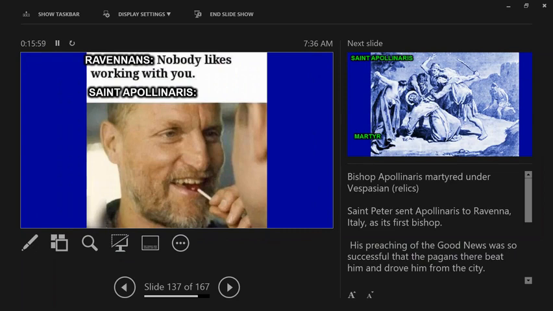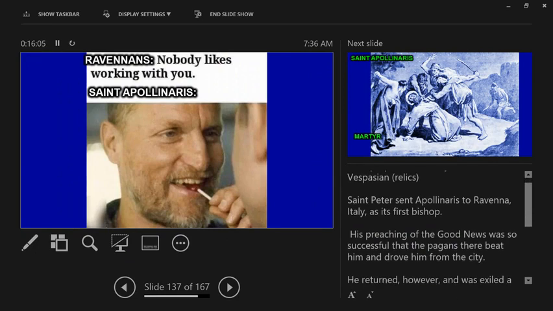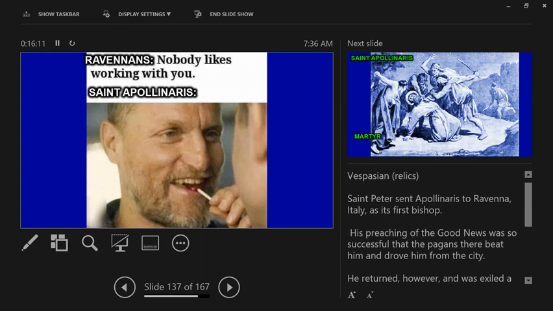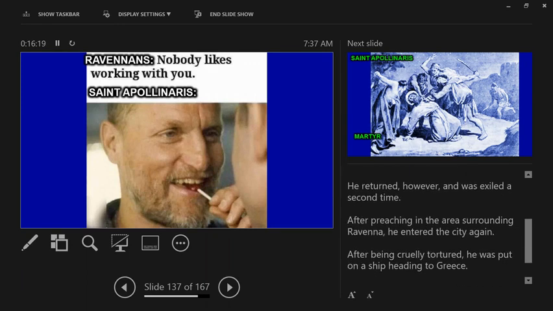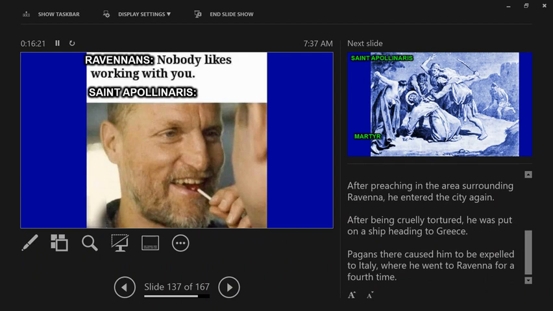So Bishop Apollinaris was martyred under Vespasian. St. Peter sent Apollinaris to Ravenna, Italy, as its first bishop. His preaching of the good news was so successful that the pagans there beat him and drove him from the city. He returned, however, and was exiled a second time.